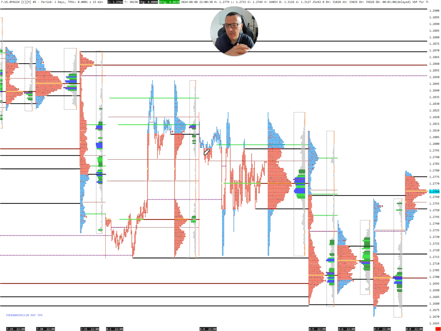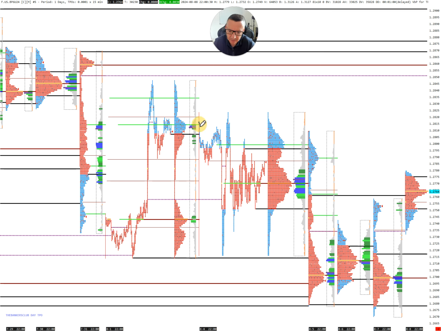This is a daily profile just for context. So we can see prices opened up here. This is the value area high here, and this is the value area low here, this black line. So this is the value area high, and this is the value area low for context. Okay.